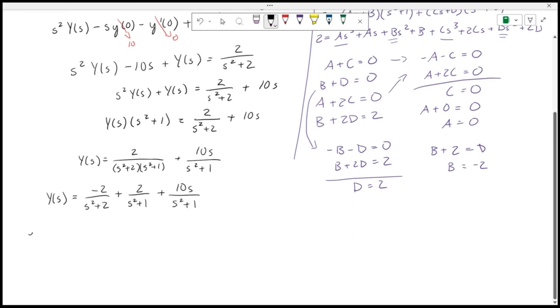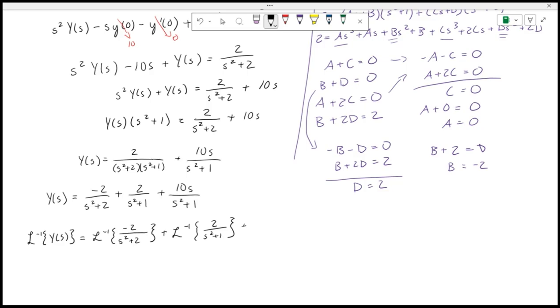Okay, so I take the Laplace inverse of y of s, and then the Laplace inverse of -2 over s squared plus 2, plus the Laplace inverse of 2 over s squared plus 1, plus the Laplace inverse of 10s over s squared plus 1.